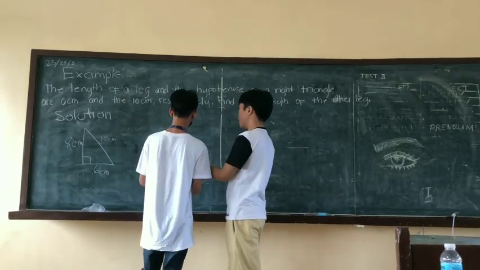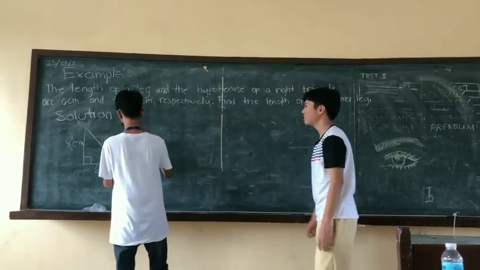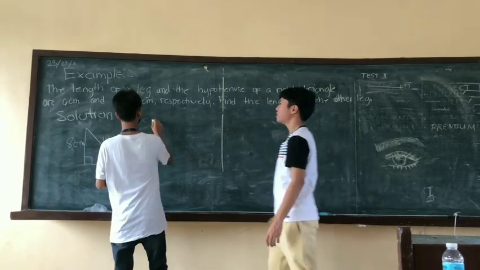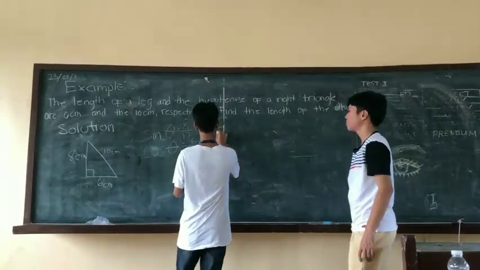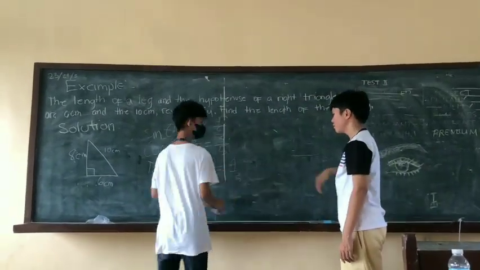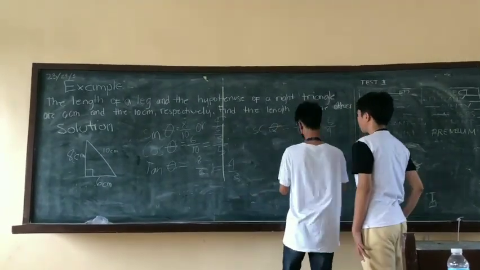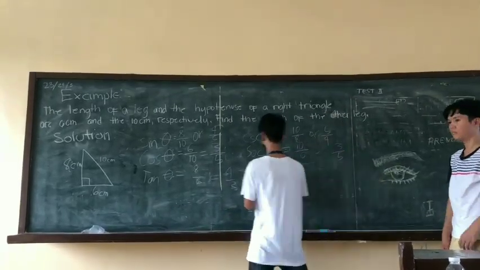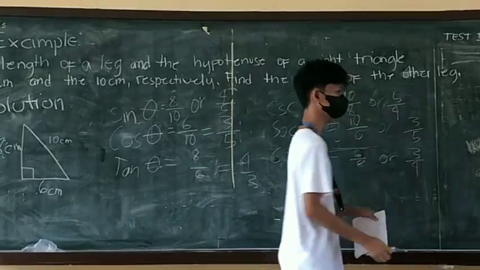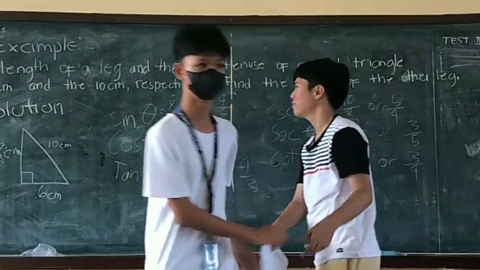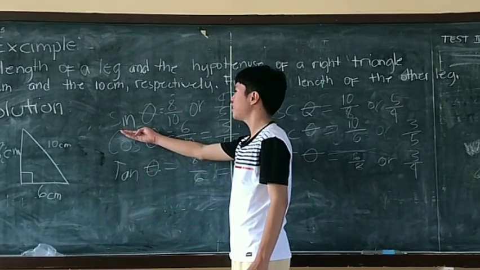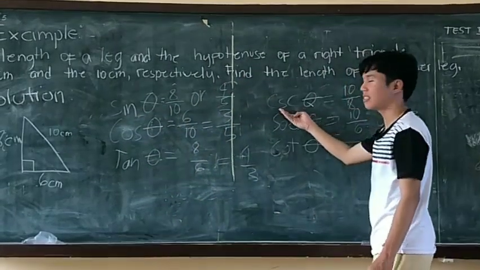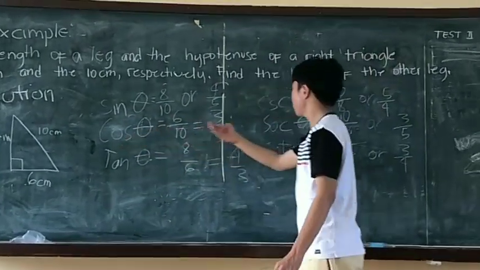So we copy the sine. Here's the first sine, which has a reciprocal. Cosine has a reciprocal.